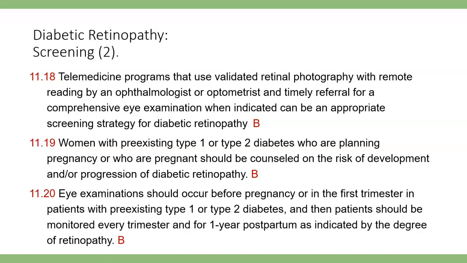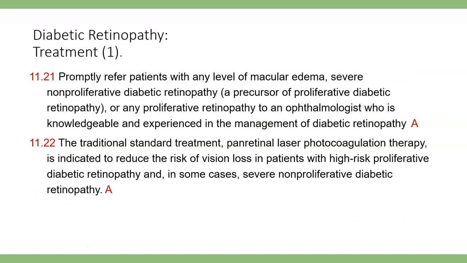This just tells that there are some telemedicine programs, and women that are pregnant should also have an eye exam before pregnancy or in the first trimester, and then be monitored every trimester. These are people that already have pre-existing type 1 and type 2. And then we refer to ophthalmology, which we usually do anyways.